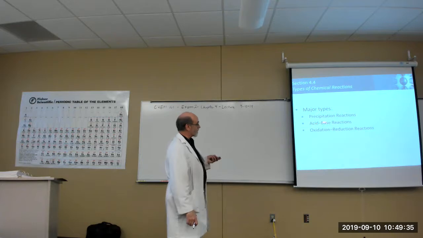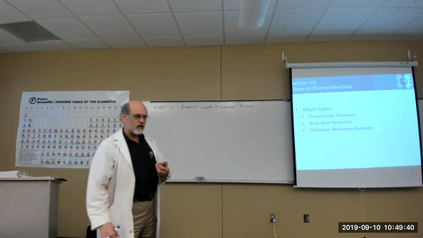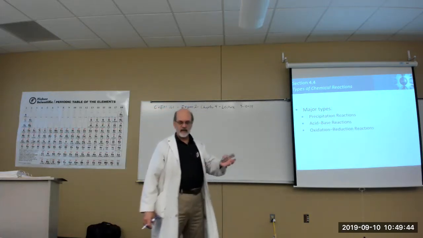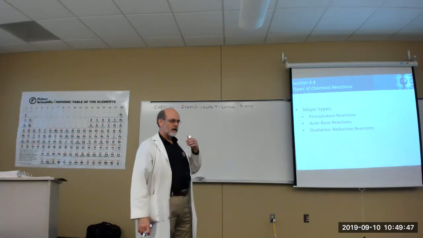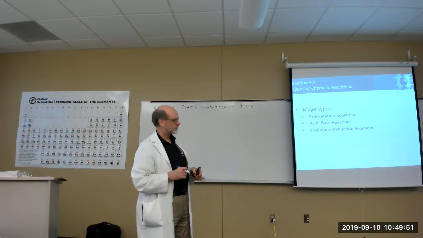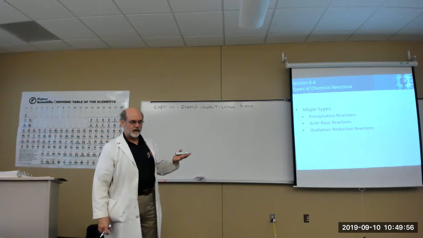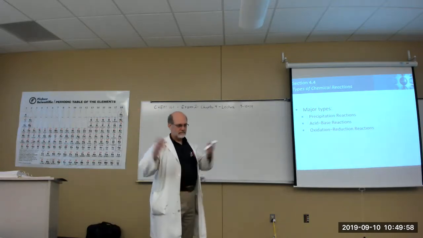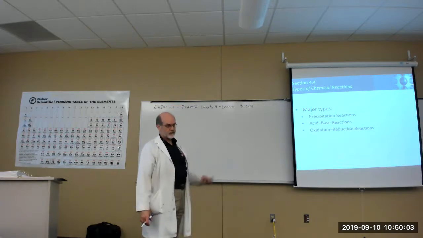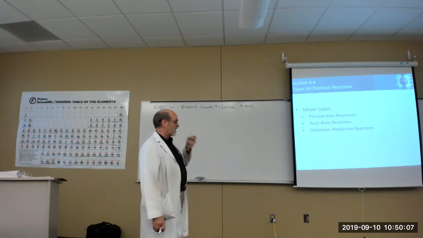If it's an acid-base reaction, maybe we want to know exactly how much acid is combined with that base, and we'll use a pH meter or a color indicator to tell us when the equivalence point has been reached. Or if it's an oxidation-reduction reaction, we may want to use that for making a battery. That may not make sense now, but it will in the future. These are major types of chemical reaction.